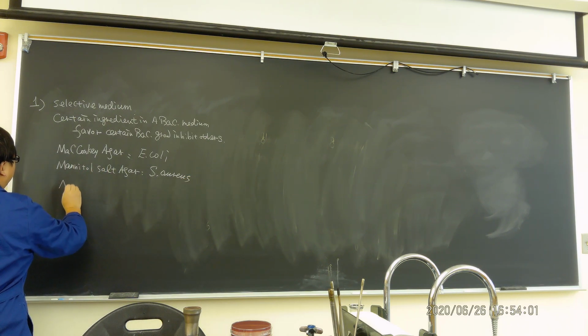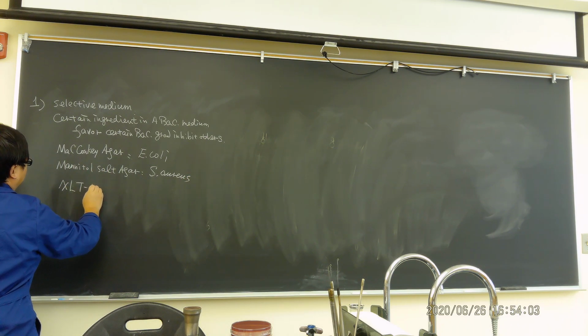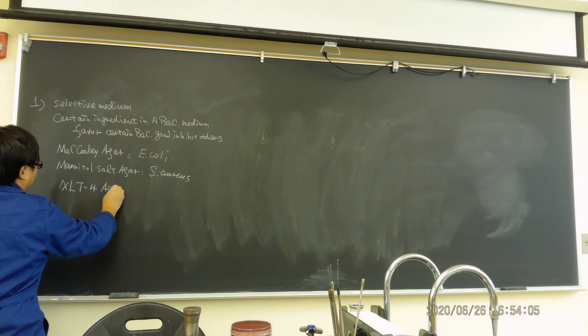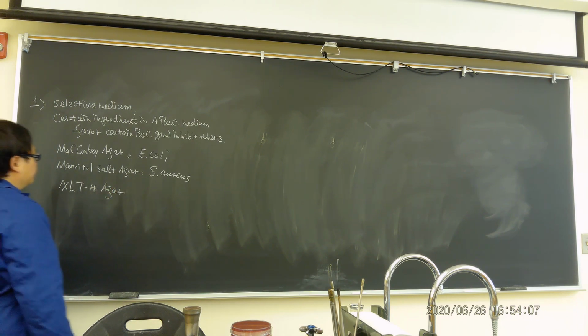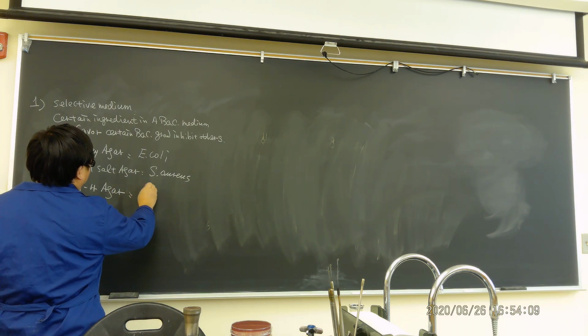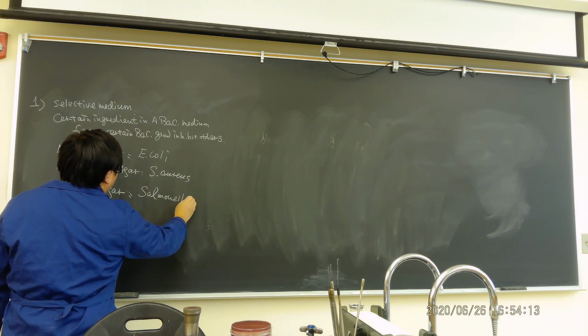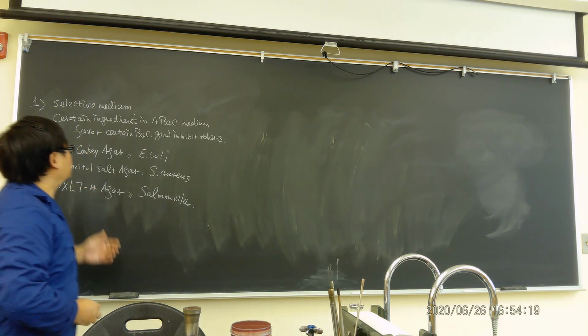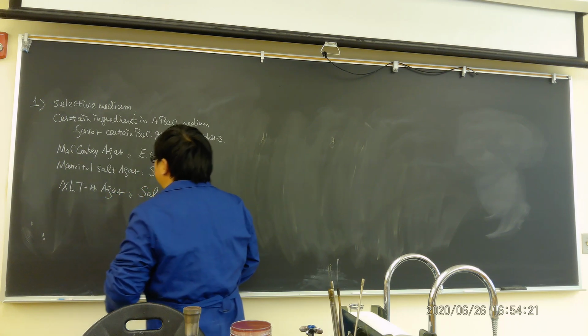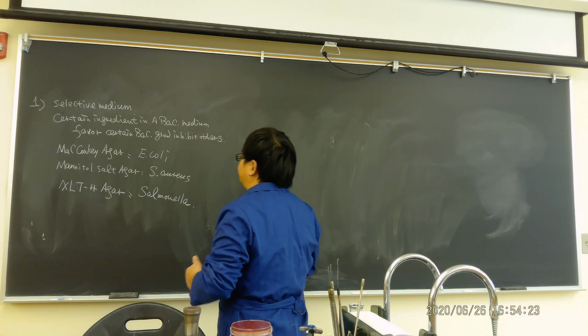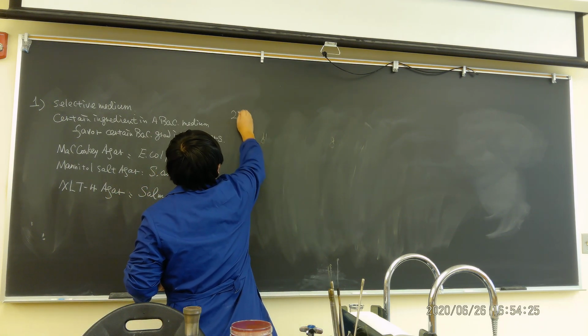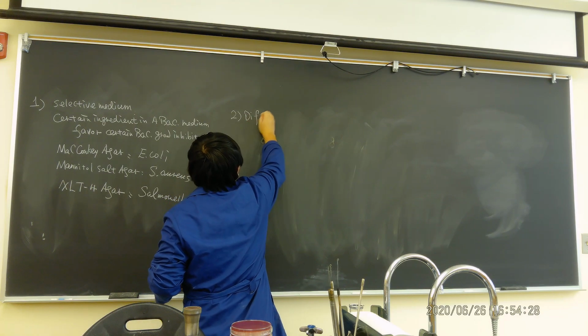And we will do XLT4 agar, which is specifically for Salmonella. Okay, so we want to introduce all of these, but before I do, you also want to have another concept we want to let you know. It's called differential media.